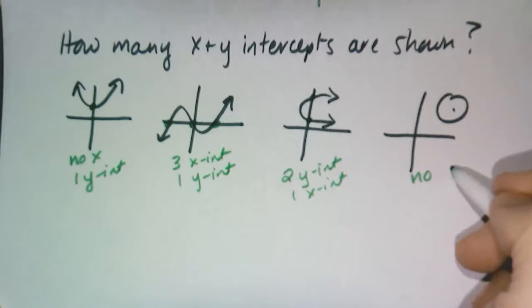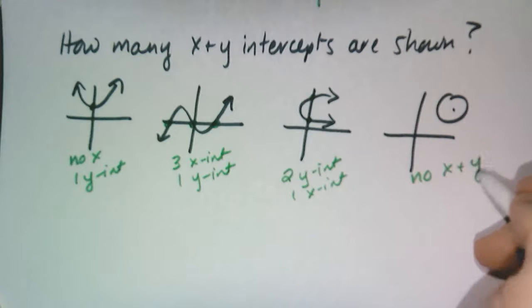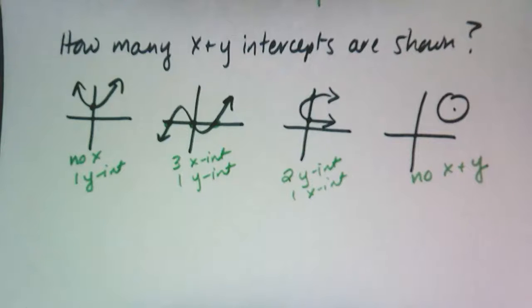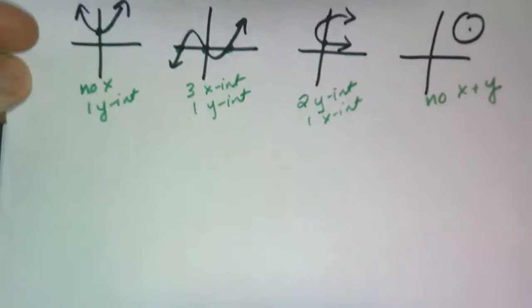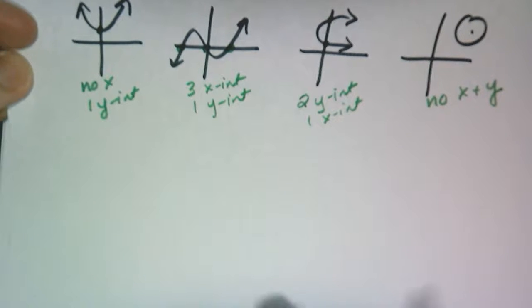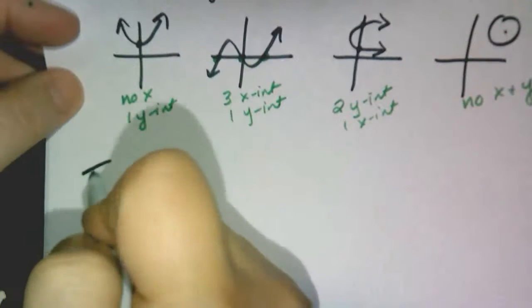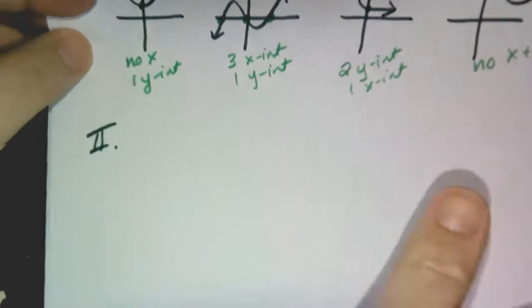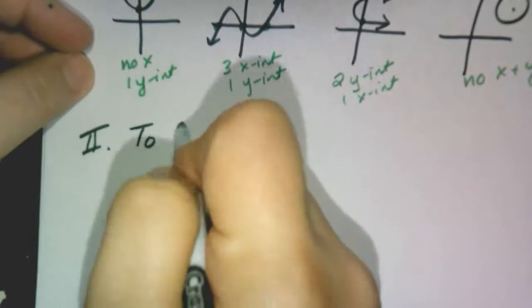No x and no y. Okay, so that would be you visually looking at it. If you're looking at it from a calculator's perspective, always look for those. But then I need you to know how to solve it algebraically. So we are going to find x-intercepts, write this down.